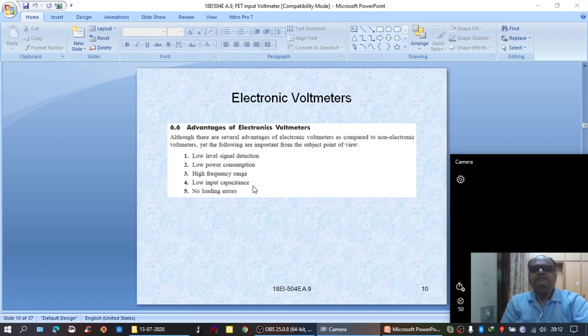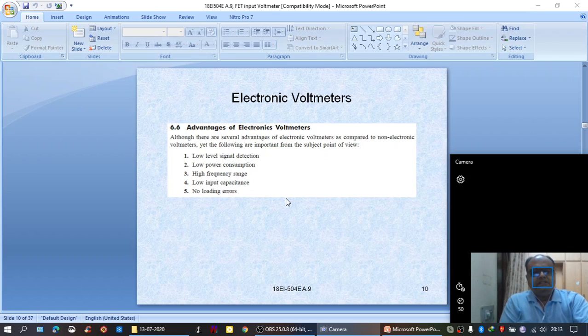Actually, this capacitance effect takes place in AC voltage measurements. Here, because of very high input impedance, the stray capacitance effect or the input capacitance will be very low. And of course, due to high sensitivity, no loading error. So these are the main advantages of electronic voltmeters.